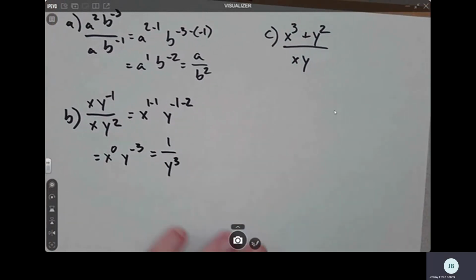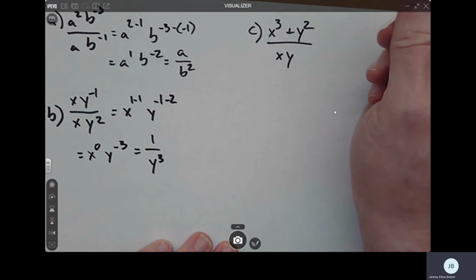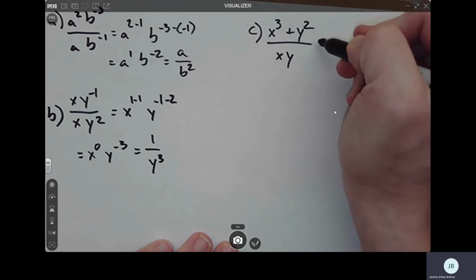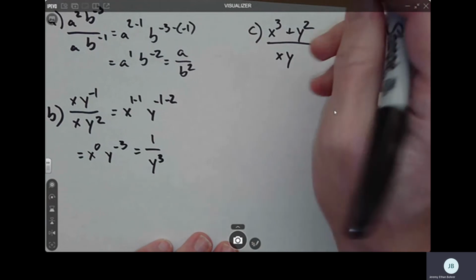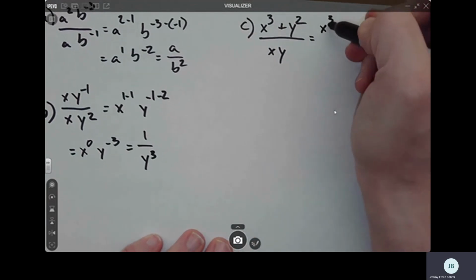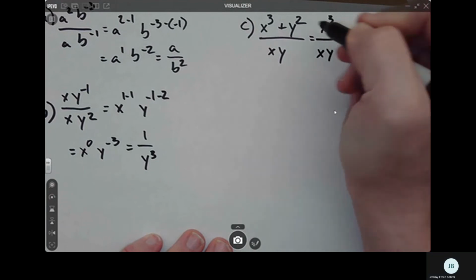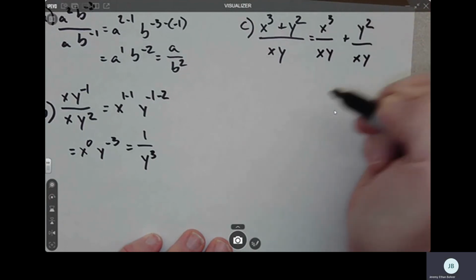Finally, for c, we get to something a little different. We've got a sum in the numerator, x cubed plus y squared divided by xy. And the first thing we can do here is to simplify this by breaking it into two fractions. This is the same as x cubed over xy plus y squared over xy.